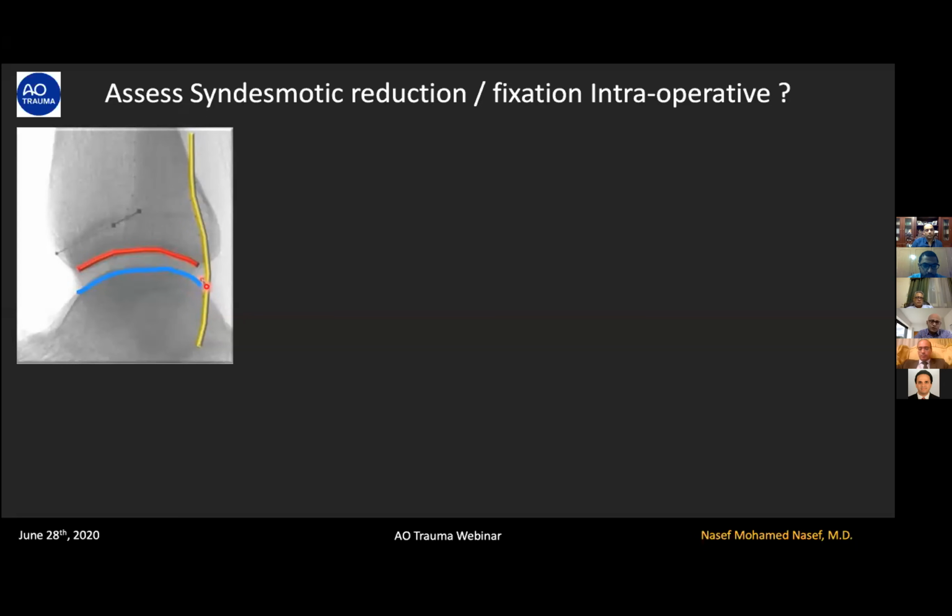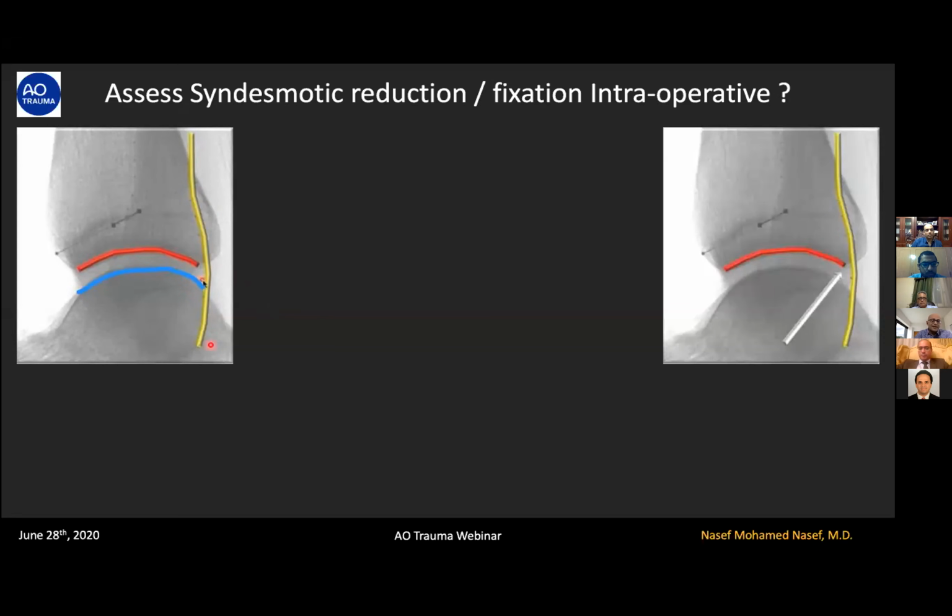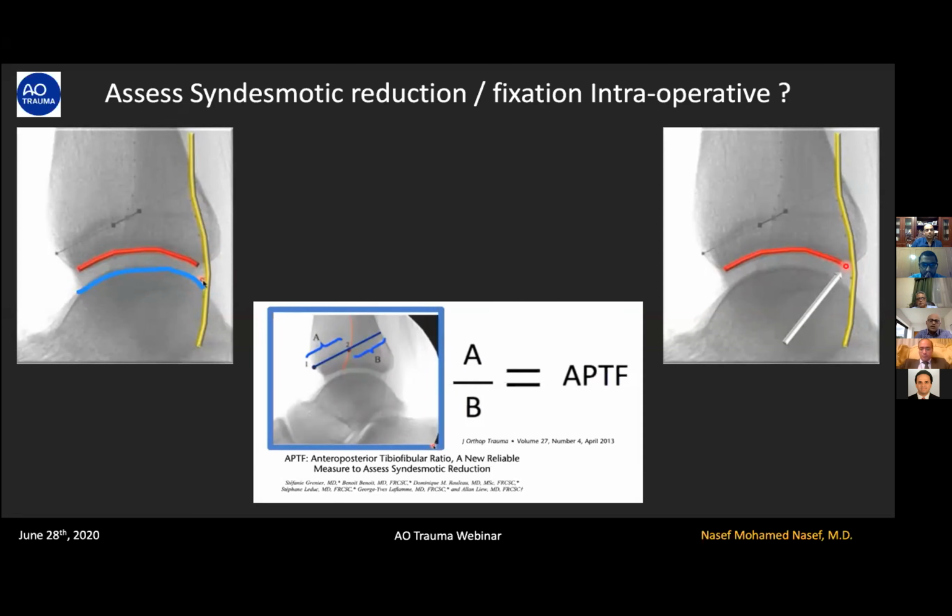Now, this is a lateral view, and if you ask anyone of my colleagues who works with me as assistants, they will tell you I always drape the other limb as well. Anyway, this is the posterior part of the fibula, where it crosses the talar dome. And you can see it always has to be posterior to the tibial plafond. Not even this. There is a line which has been described ever since 2013.